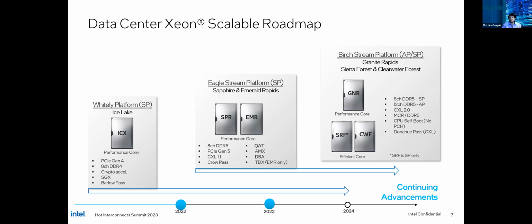Whereas there will be another CPU called Granite Rapids. It will be a performance core, but the platform architecture is similar. And they will both support different kinds of workloads. The base platform telemetry will continue to be backward compatible plus new ones. And we'll cover some of the CPU platform telemetry in the next few slides.